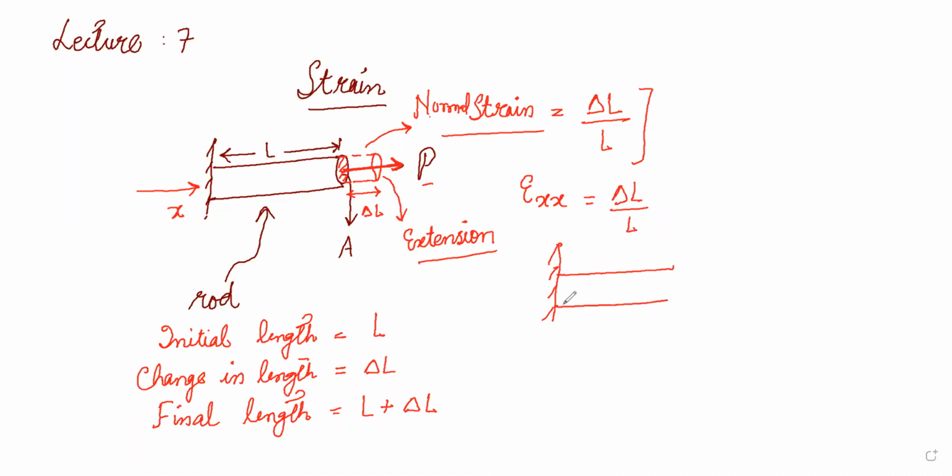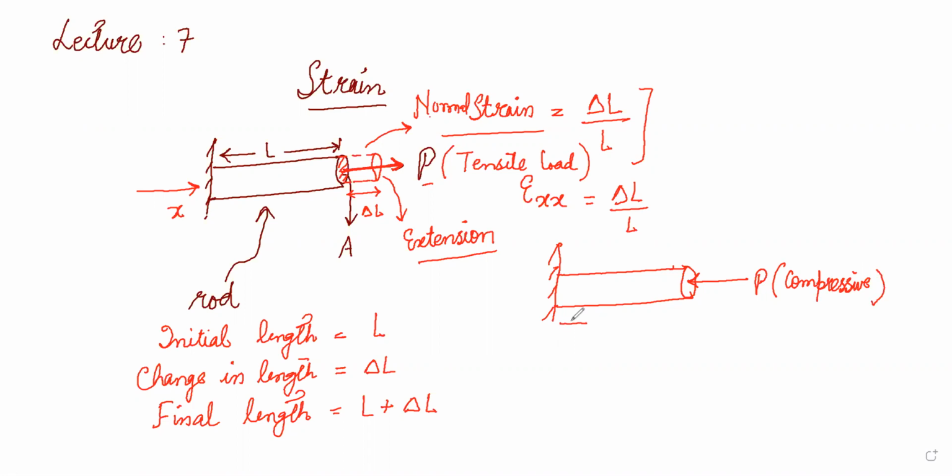Instead of applying the load which tries to elongate the machine element, which is in fact called the tensile load, if we apply the load which tries to decrease the length of the machine element, that is, if we apply the load P in this direction, this load P is called the compressive load.